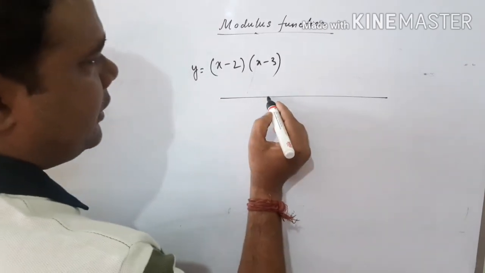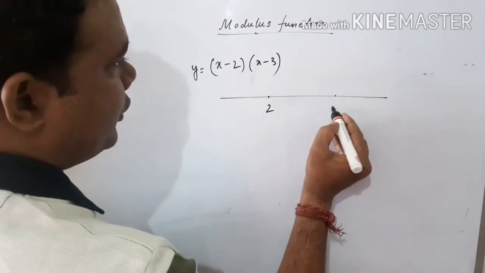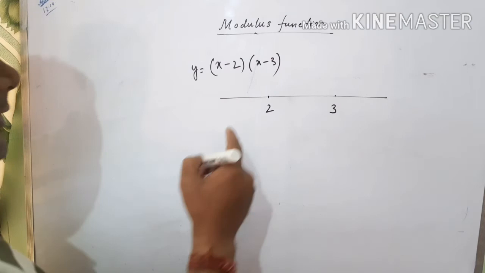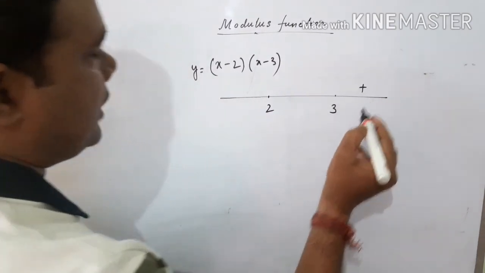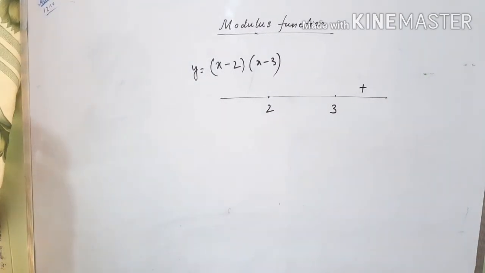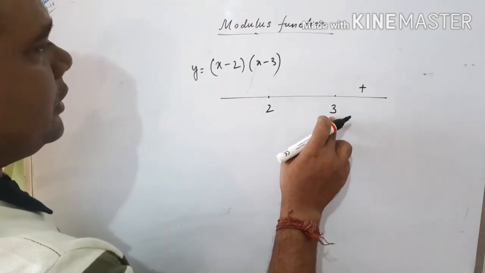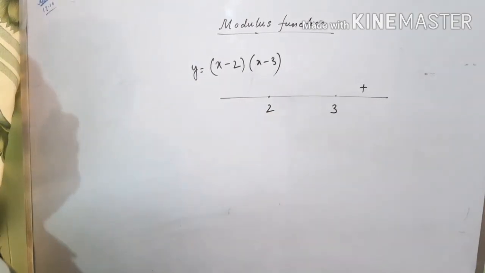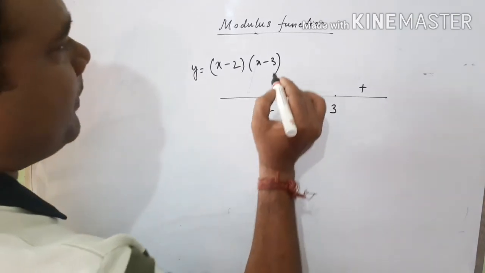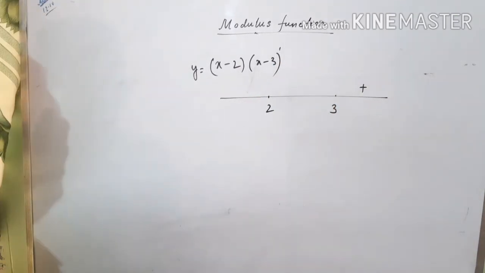We know that on the real line this one is the point 2, this one is the point 3. At the right of 3 the value of the expression is positive. Now who is separating? 3 is separating, coming from the factor x minus 3. What is the power? Power is 1.